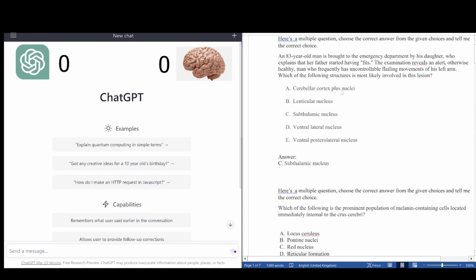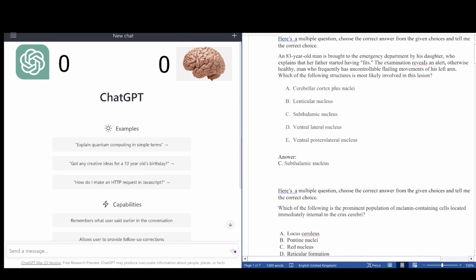So the first question is: an 83-year-old man is brought to the emergency department by his daughter, who explains that her father started having fits. The examination reveals an alert, otherwise healthy man who frequently has uncontrollable flailing movements of his left arm. Okay, so here's the point: left arm cannot move.